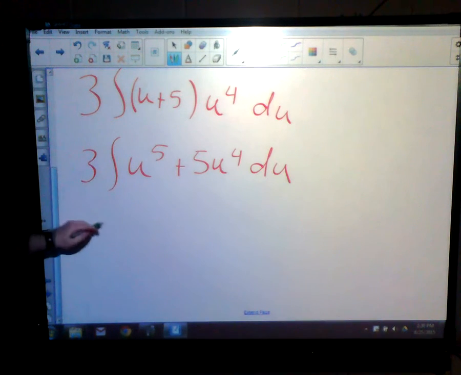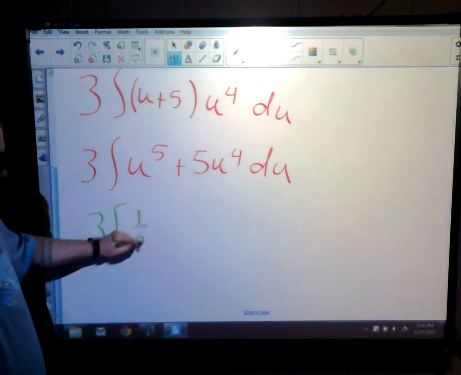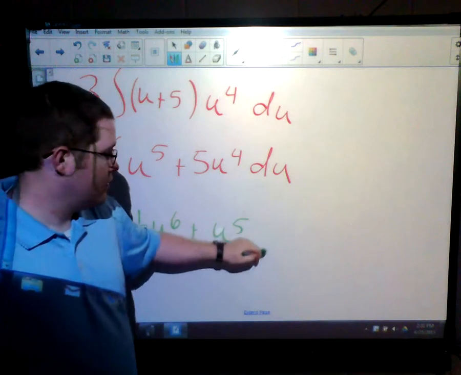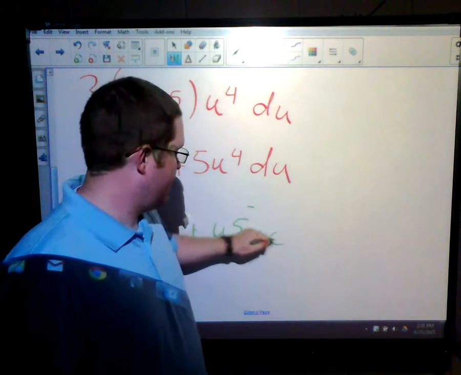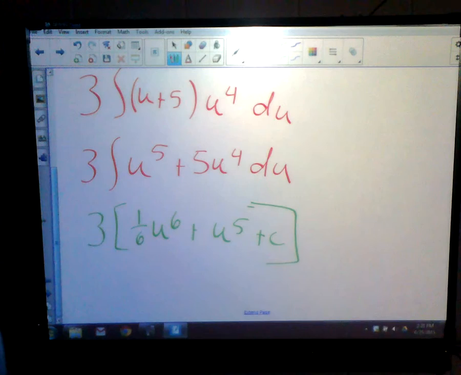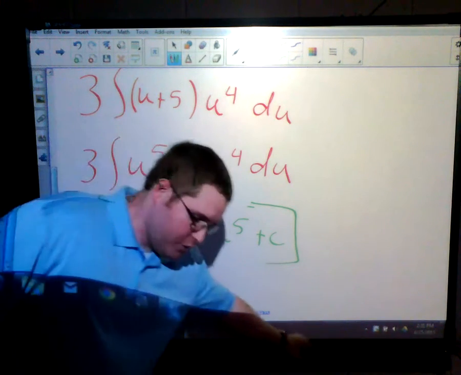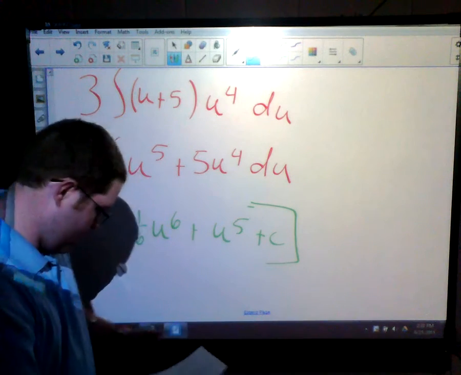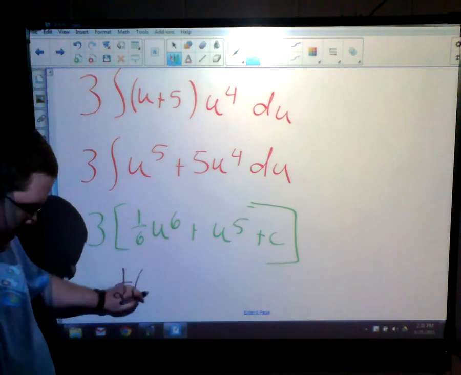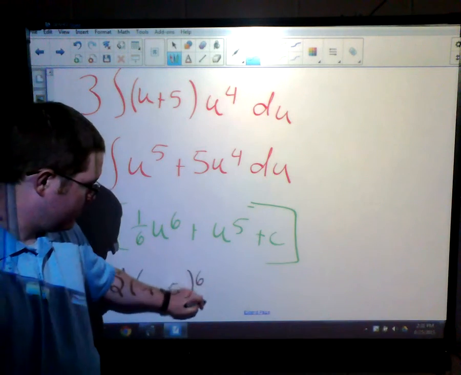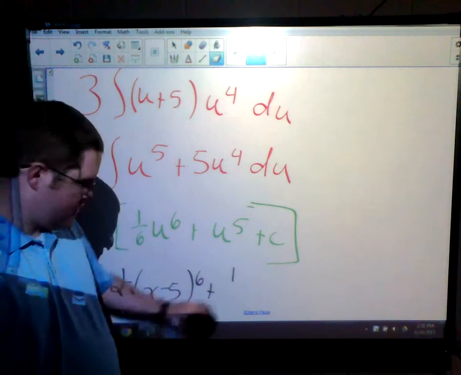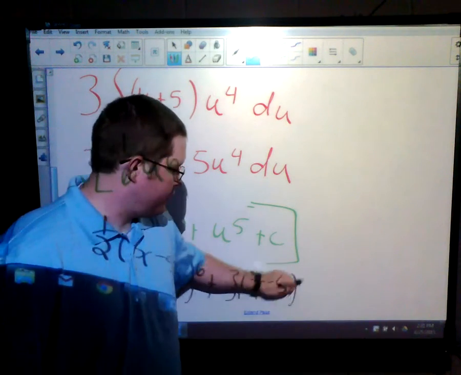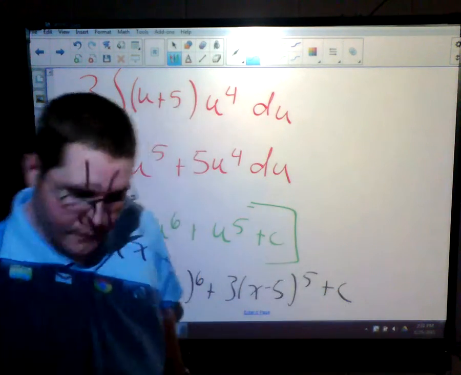Now let's integrate. 1/6 u to the 6th plus, that becomes 5 and 1/5, they cancel themselves out, plus c. Multiply everything by 3 and replace your u's. You're going to get 1/2 (x minus 5) to the 6th plus 3 (x minus 5) to the 5th plus c.